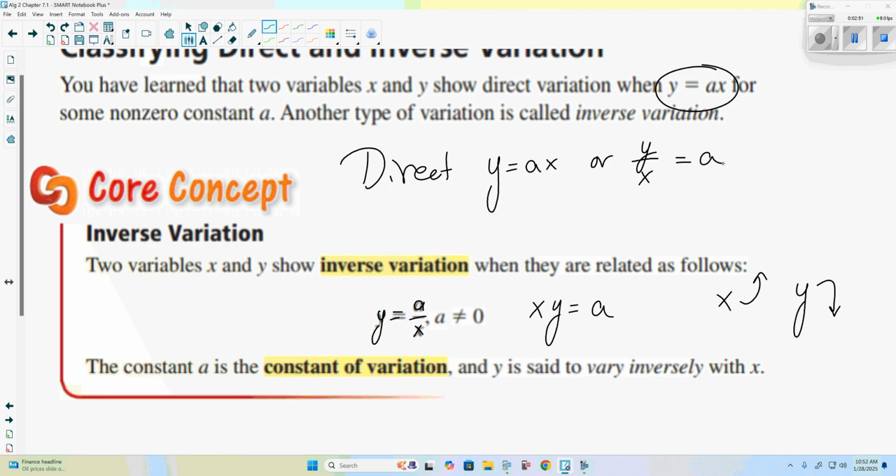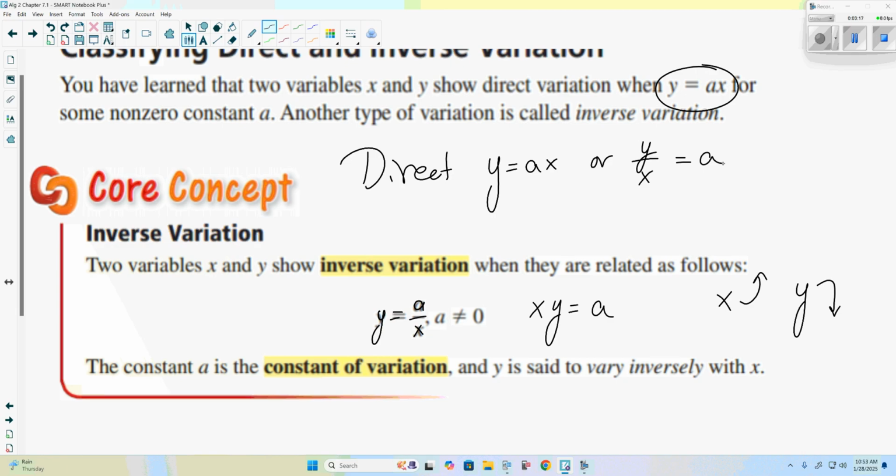Because when we divide those two variables, the numbers for x and y, we should get a constant amount if it is direct. Questions on this so far?